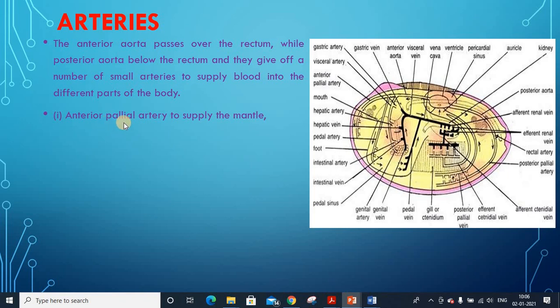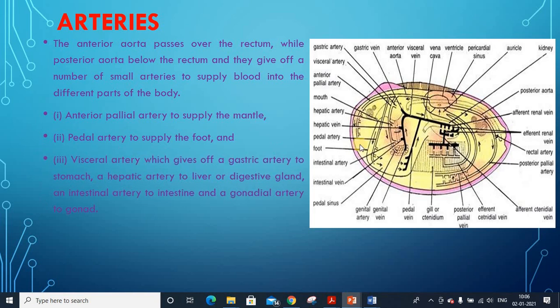These we have discussed. The anterior pallial artery supplying the mantle part. Next is the pedal artery. Here you can see the pedal artery supplying blood to the foot region.